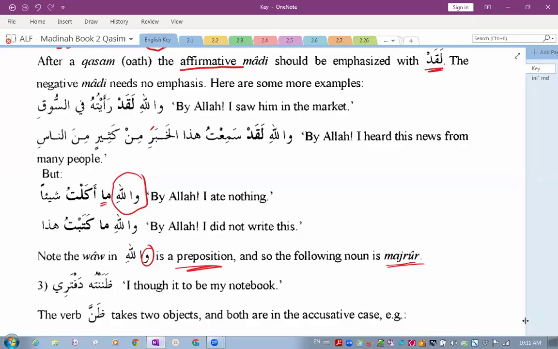And laqad consists of lam and kad. These are two different things. So lam is a harf and kad is a harf. If you want to remember, kad is known as harfu tahqiq, a particle of certainty.